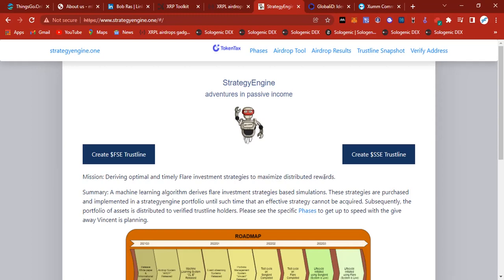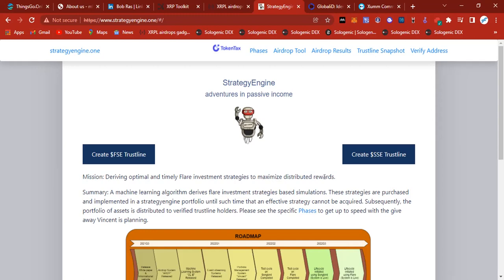So let's get into what Strategy Engine is. And you see the mission is to derive optimal and timely Flare investment strategies to maximize distributed rewards. And you see the summary right here. A machine learning algorithm derives Flare investment strategies based on simulations.